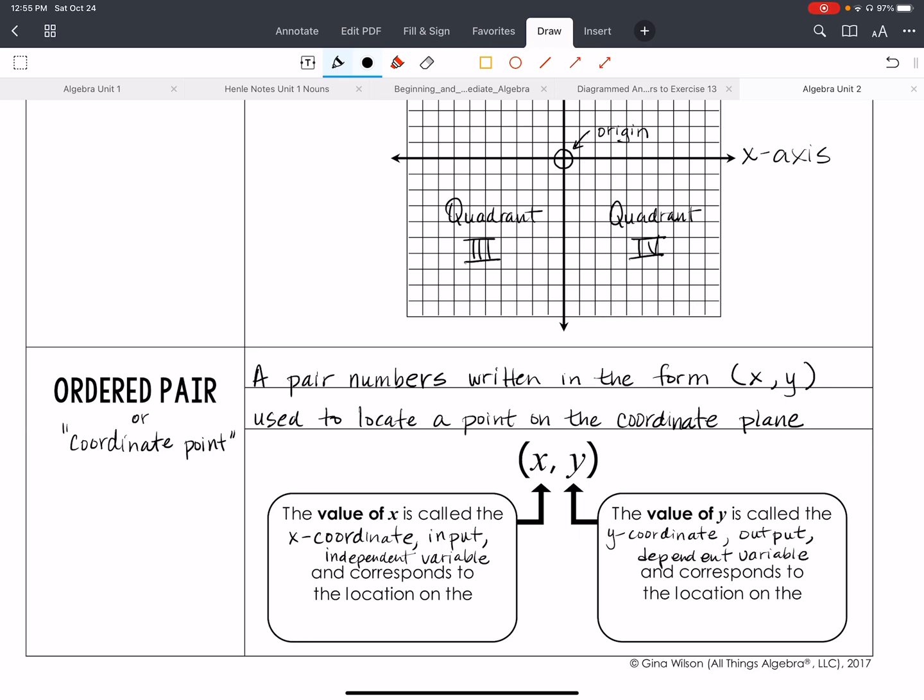Okay, and the x value, or the x coordinate, corresponds to a particular location on the x number line, but we're going to be calling it the x-axis. And the y part of our ordered pair, the y value, is going to correspond to a location along the y number line, or as we will now call it, the y axis.